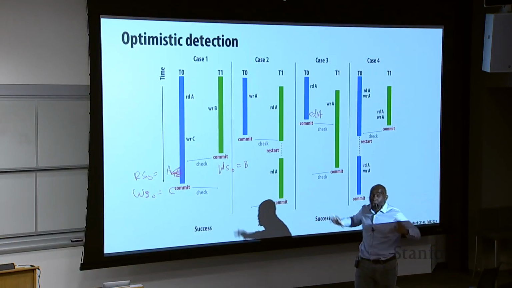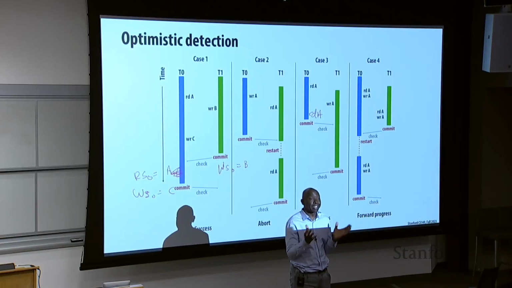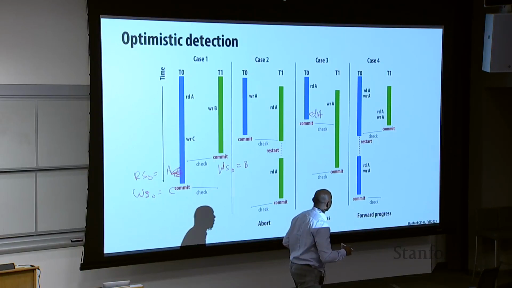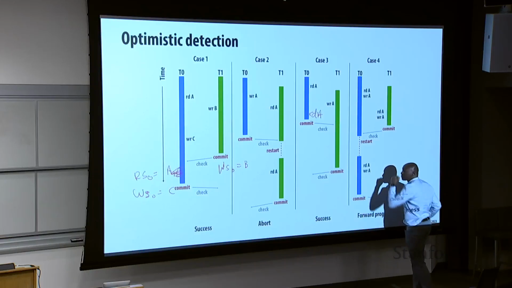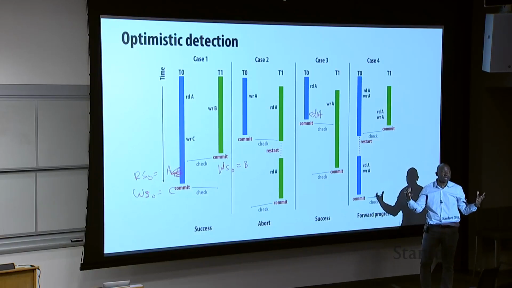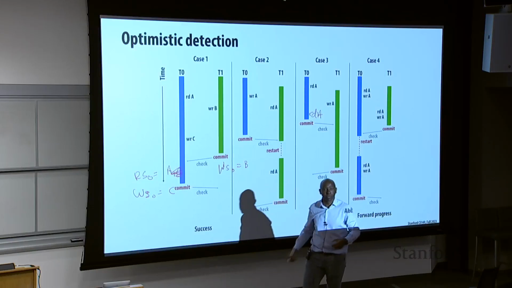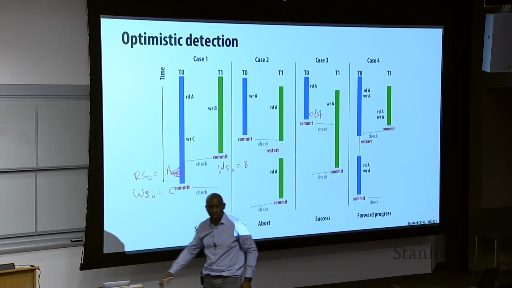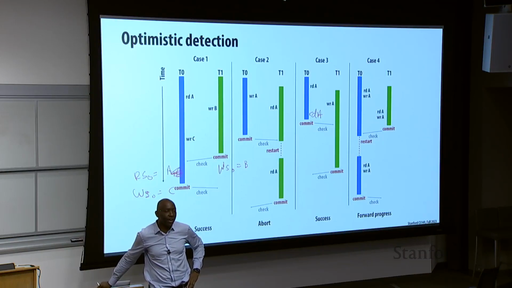So there are no values being communicated between transactions until commit time. So any values that T1 and T0 are reading at this point existed before the transactions commenced, or were created inside the transactions themselves. Yeah. With eager versioning, or writing it in memory? Yeah, so eager versioning and optimistic detection don't go very well together.